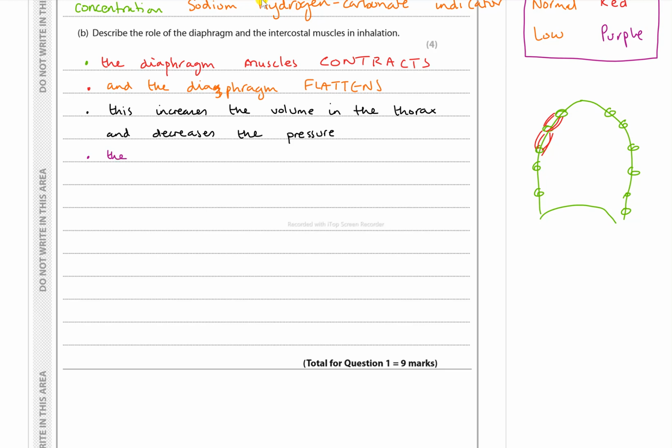The external intercostal, that just means costal is a rib, inter means between. The muscles here, those are the external ones, these are the internal ones. So the whole rib cage moves up.